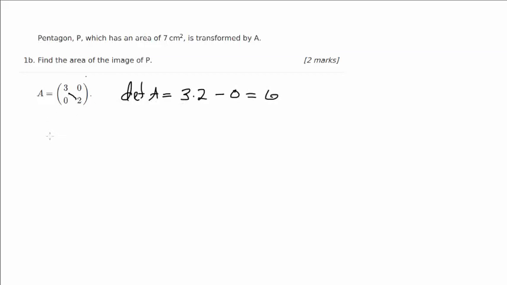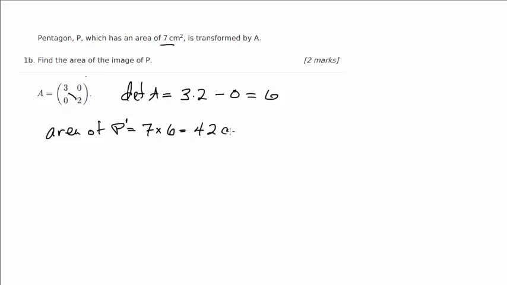And so therefore the area of P's image is the area of the original times the determinant.